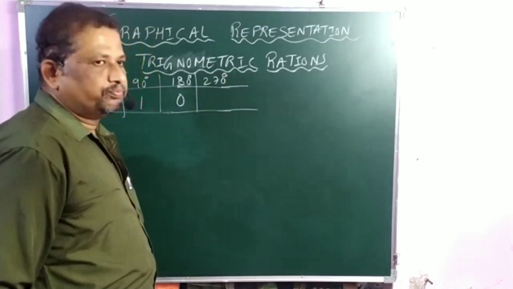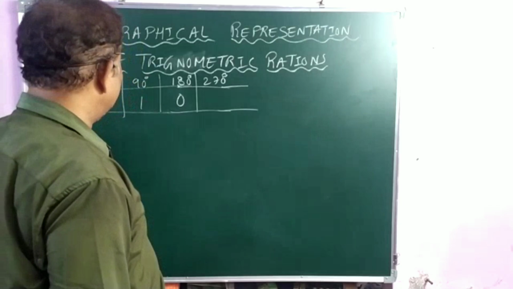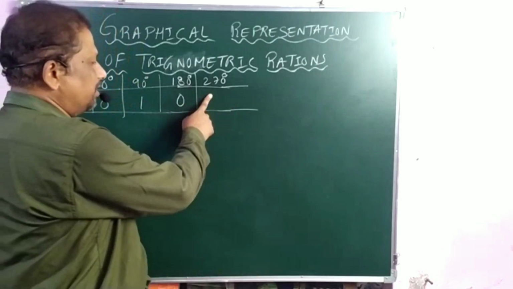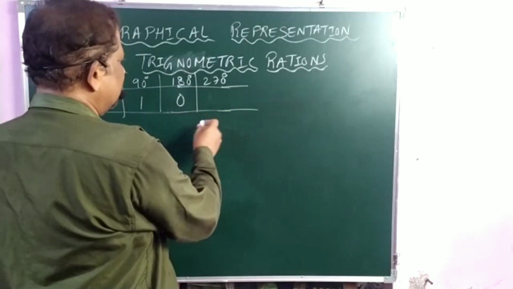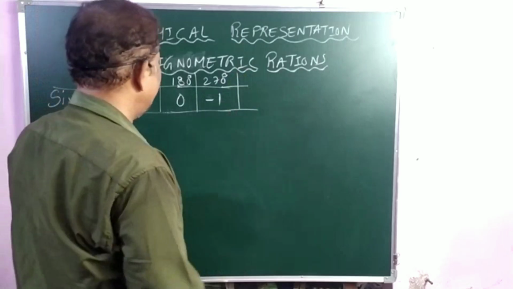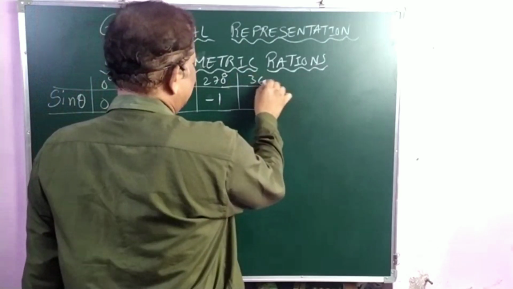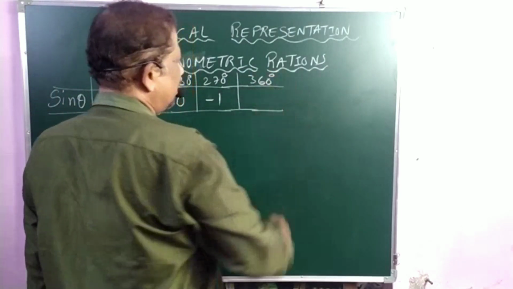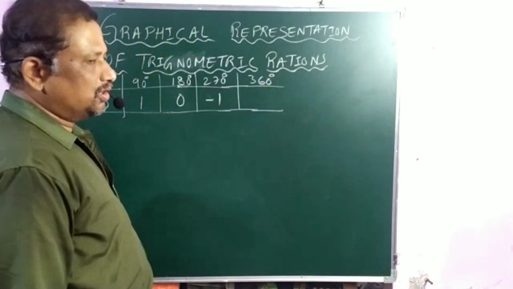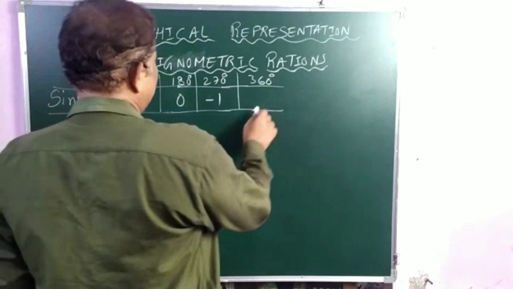180 plus 90. So sine 90 only comes. So it is third quadrant, minus 1 comes. Next, for 360 degrees, 270 plus theta, cos 90, again it comes 0.